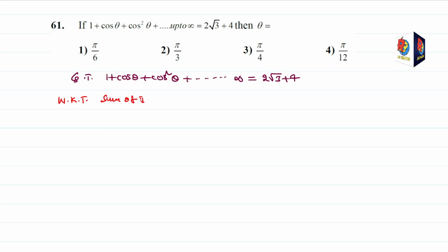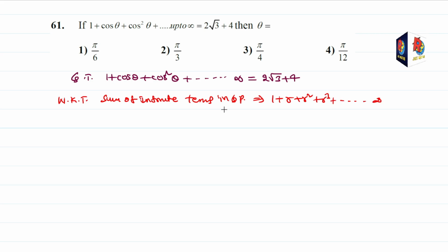What is the formula? Here 1 plus r plus r square plus r cube and so on to infinity, this value is S infinity, and S infinity equals 1 by 1 minus r.